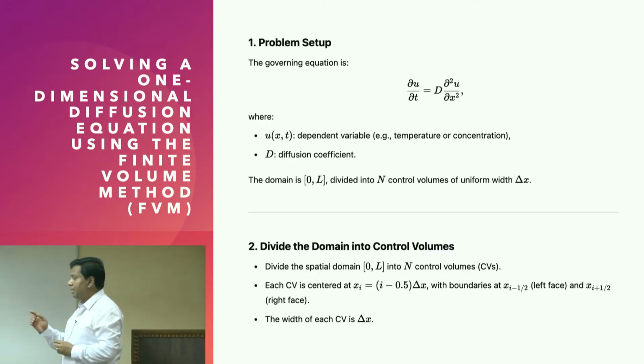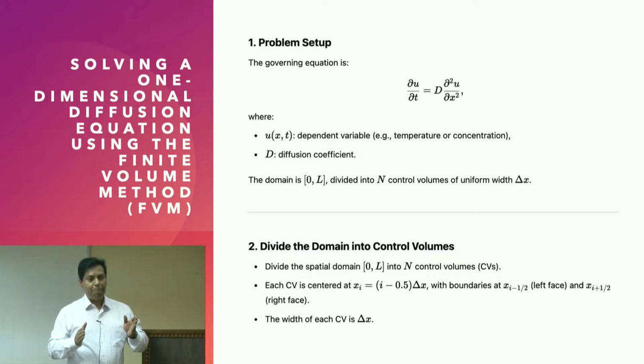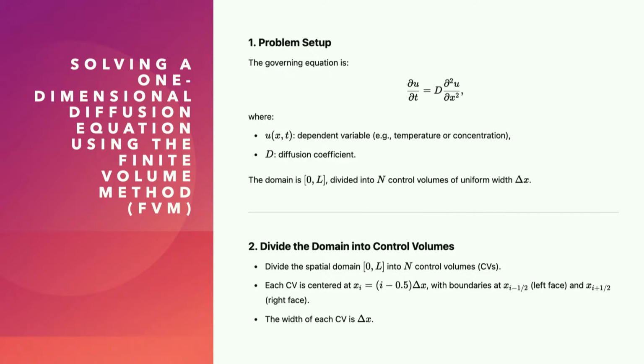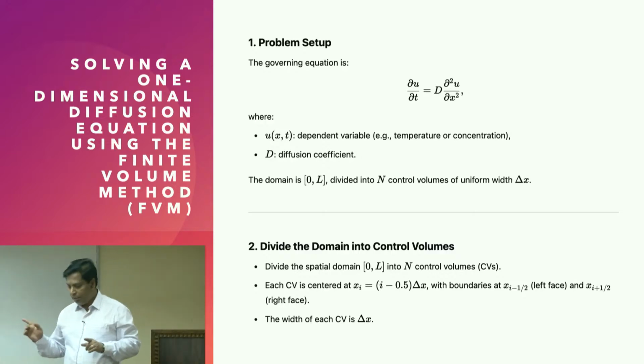And then what will be the boundary of the faces? The left face and the right face, because they are called faces. The left face is xi minus half, the right face is xi plus half, and the middle is xi. Okay, that's it. And then the width of the control volume is delta x. So this is the way we define it.